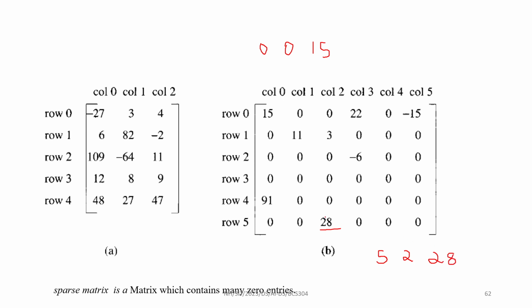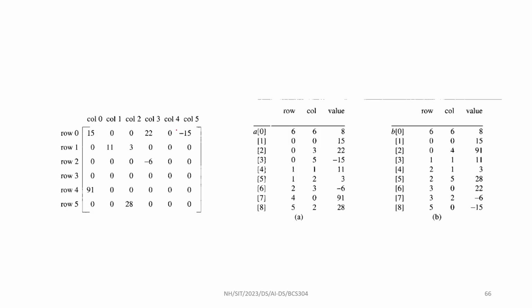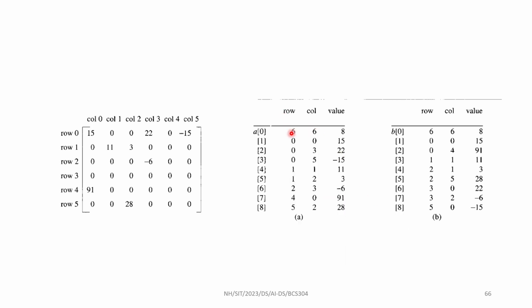Along with the position of these items, we should know how many rows and how many columns there are. That is the first entry in the triplet form. For this matrix, the first triplet entry is 6 rows, 6 columns, and 8 non-zero values.